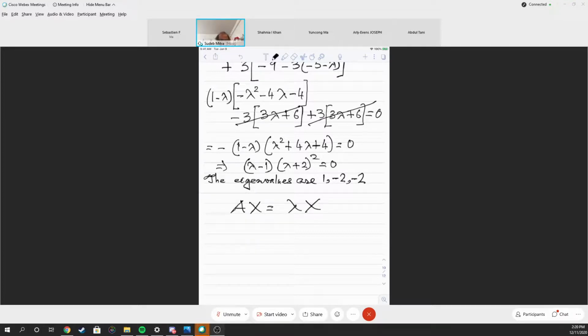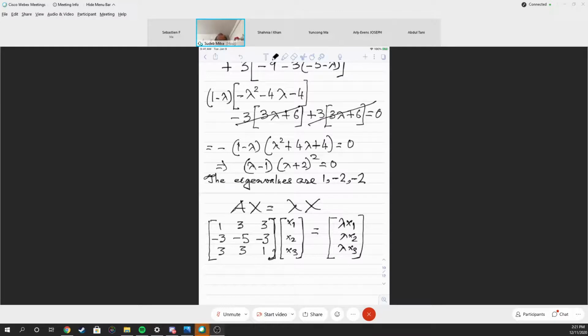A is 1, 3, 3, minus 3, minus 5, minus 3, 3, 3, 1. And here is your x1, x2, x3, equals lambda x. So that is lambda x1, lambda x2, lambda x3.